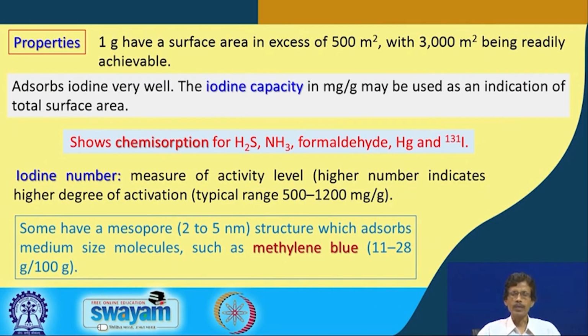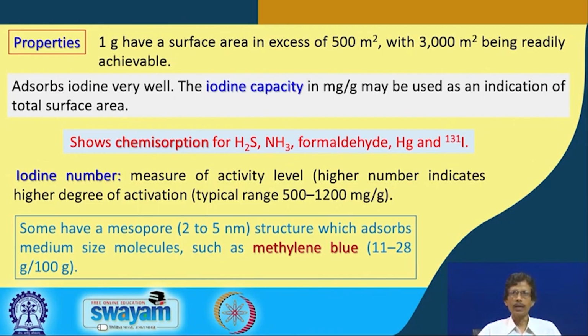One such most important molecule is methylene blue. As a chemist, inorganic or organic, you know the structure of methylene blue. It is a very large flat molecule having 3 adjacent rings. When you pass methylene blue through activated carbon, it can be adsorbed.